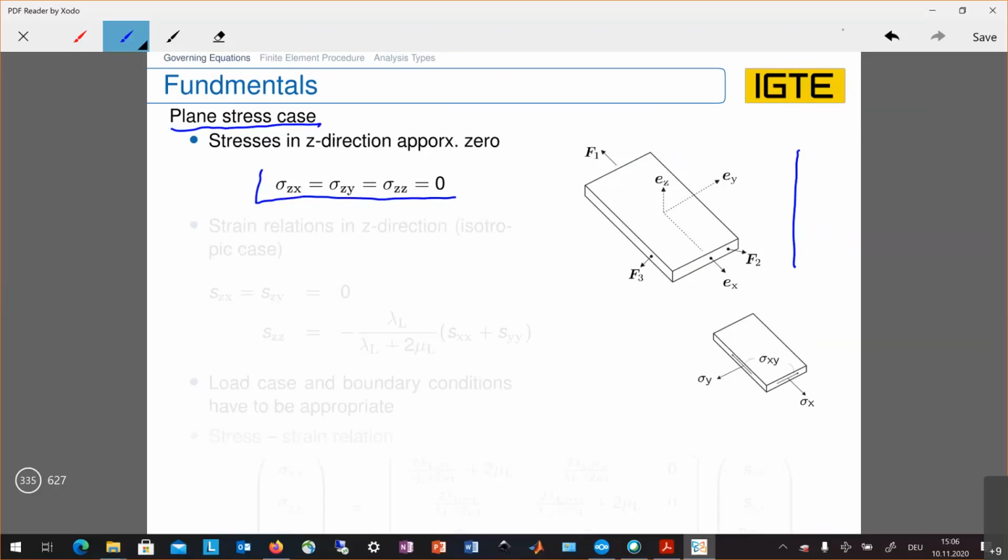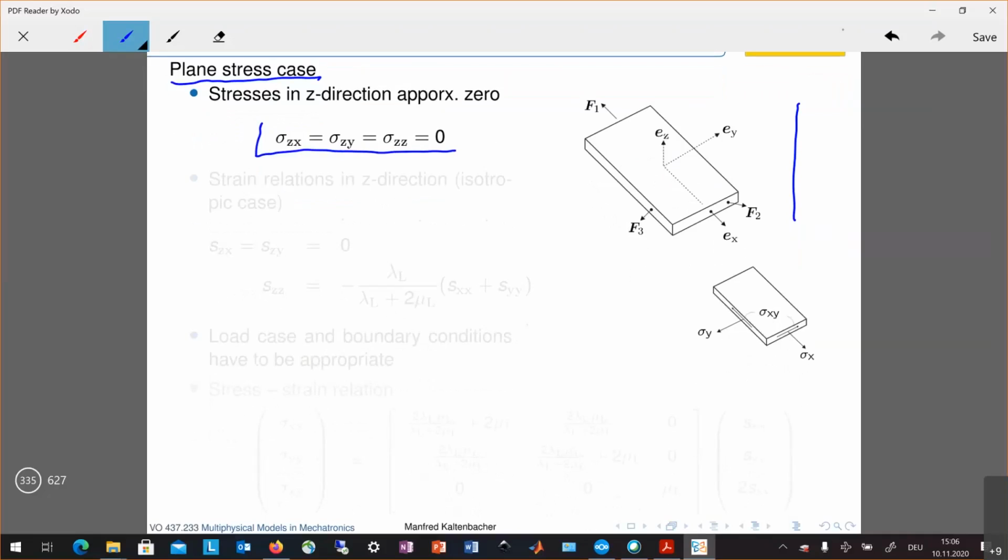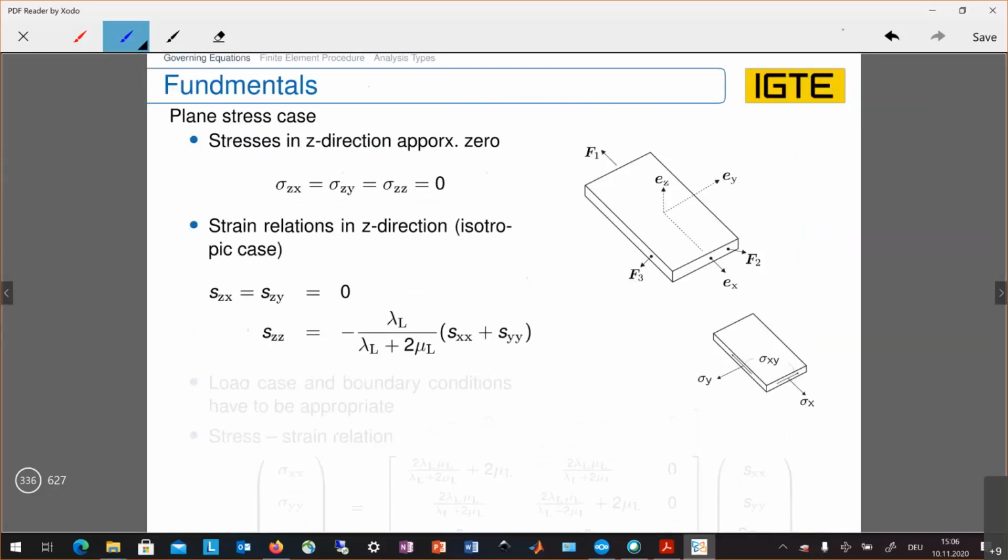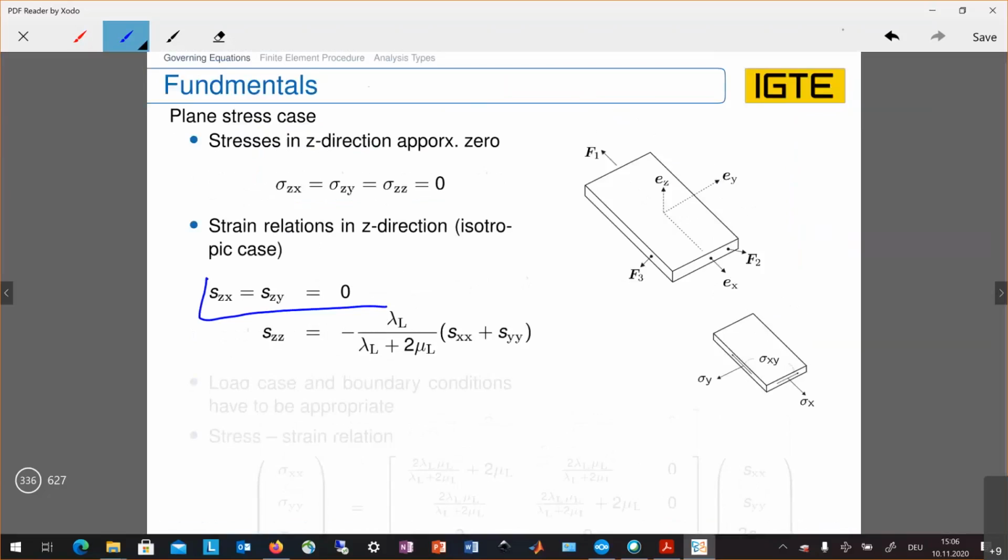However, we have to be careful in this case that the strain relation holds for the two shear strains, but due to the general relation between the stresses and the strain in the 3D case, we have a normal strain in z direction, which can be explicitly computed when we know the normal strains in x direction and in y direction as shown here.